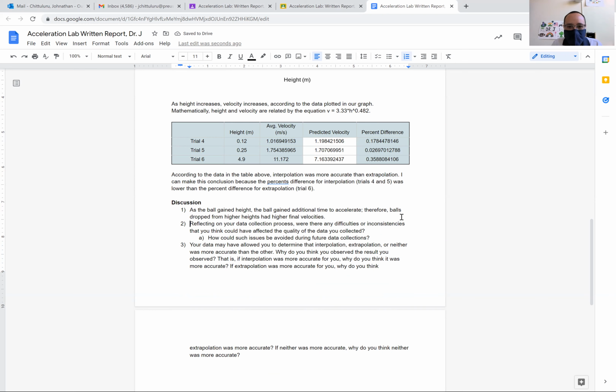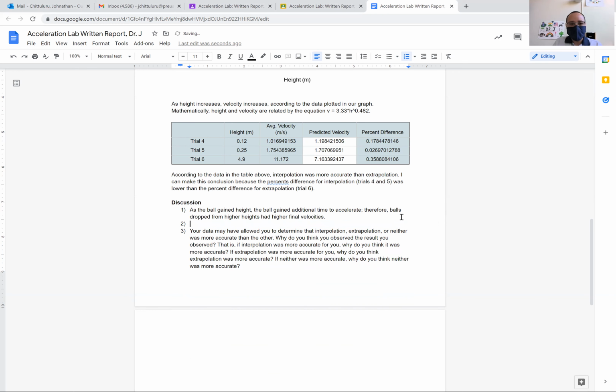Okay, so reflecting on your data, were there any inconsistencies? How could such issues be avoided? So the big issue, right? Collecting timing data by hand always incurs some error.